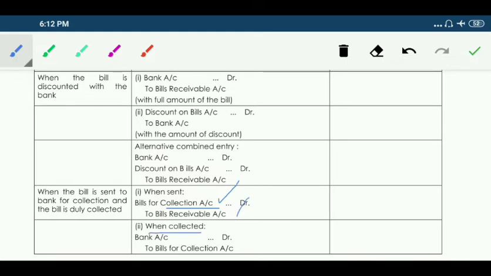Next, when collected, bank account is debited because we received cash from the bank, and bills for collection account. We already debited the bills for collection account. To close the entry, now we credit the bills for collection account. So bank account is debited. So this is the simple entry.